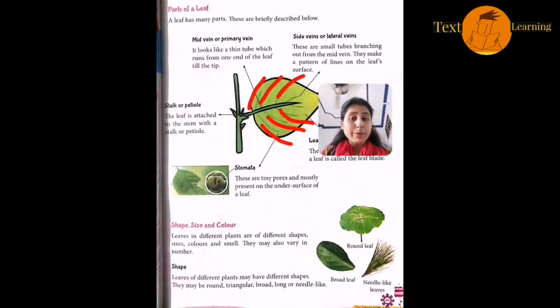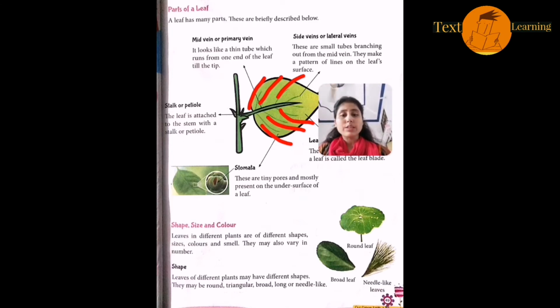They make the pattern of lines on the leaf surface. Do you know what a surface is? The flat area of a leaf is called the surface. They are also called lateral veins.